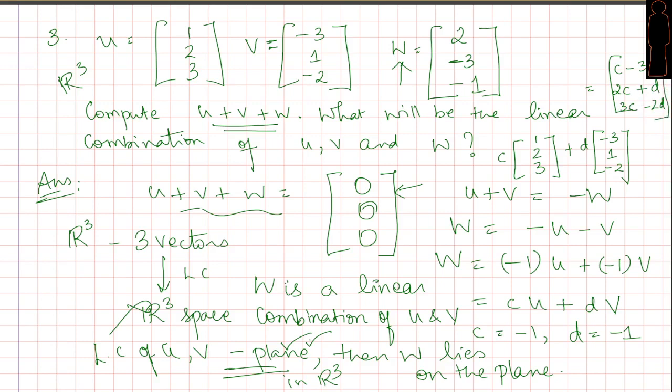Pick up any two constants and substitute those constants here. All those vectors that come here will be part of the plane described by this vector. One example that I can straight away give is, pick up c as minus 1 and d as minus 1 and apply this on this vector. You will find that you land up at w. And what does that say? That w lies on the plane described by this, and that's what we discovered earlier as well. So that is the answer to this problem.